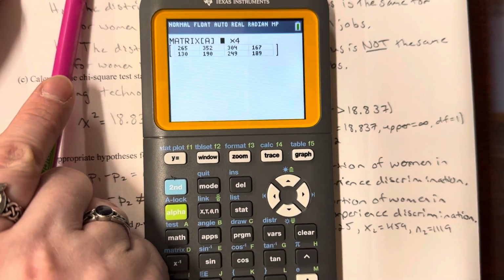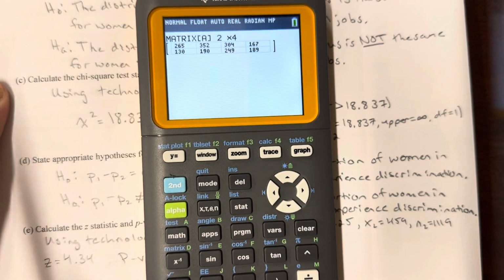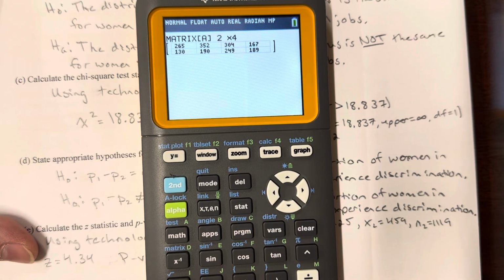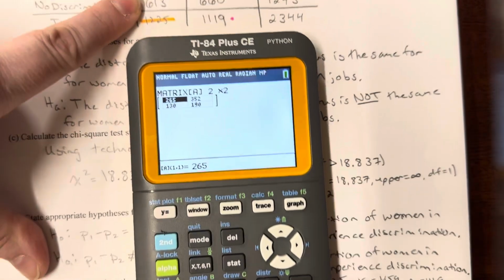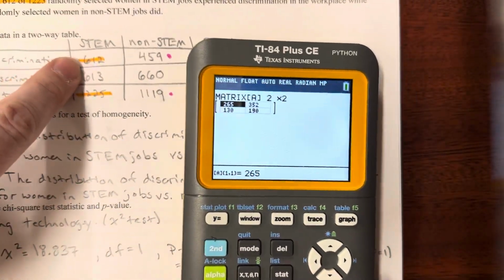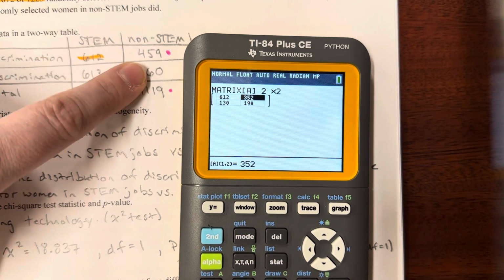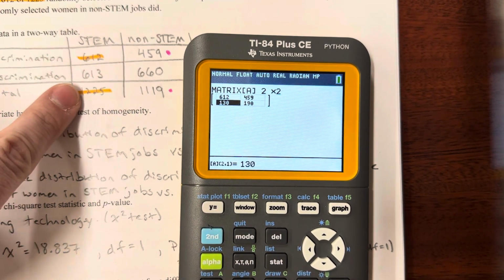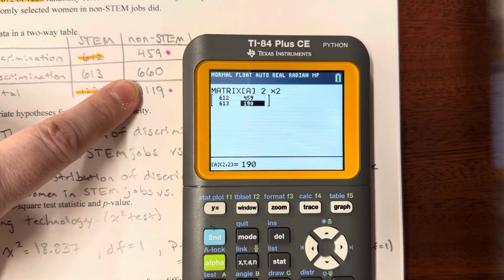So I have two parts for my distribution, and I have two different populations that I pulled my information from. So I need 2 and then 2, and then as I type this in, I'm starting in the upper left-hand corner, typing in 612, hitting enter, then 459, enter, 613, enter, and then 660.